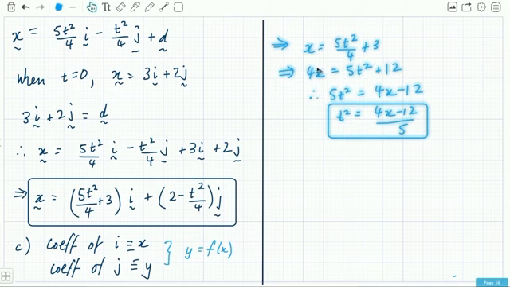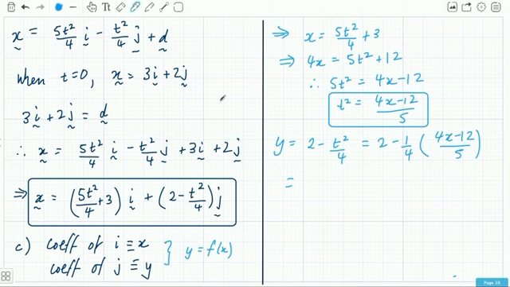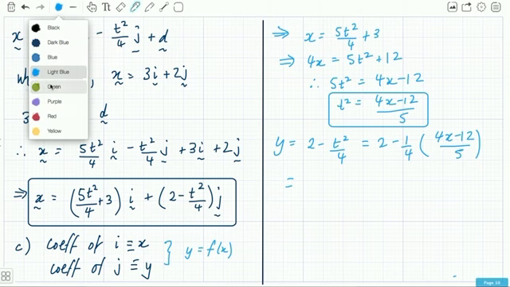So I know that y is equal to 2 minus t squared on 4. So I've got y equals 2 minus t squared on 4. And that's equal to, now because I know what t squared is, it's minus a quarter of t squared, and that's t squared here. So we've got y equals, everything here is going to end up being over 5, because I can do a bit of cancelling.